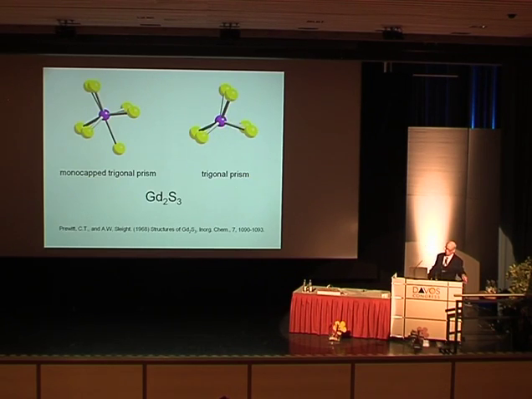It made me think of a structure I worked on years ago when I was at the DuPont company, and we were making rare earth sulfides for various reasons, and one that I worked on was Gd2S3. It has a monocap trigonal prism for one site and a trigonal prism for the other.